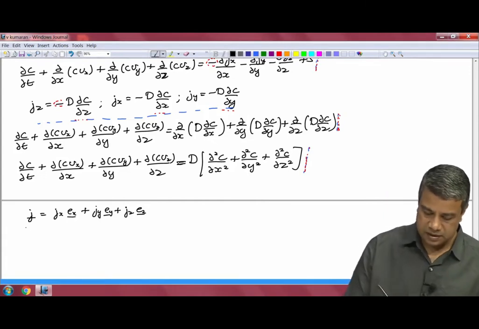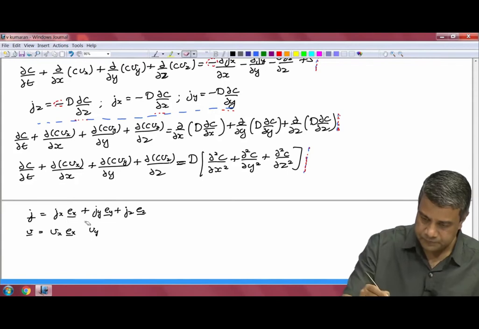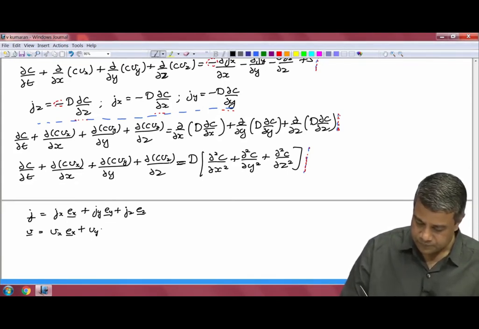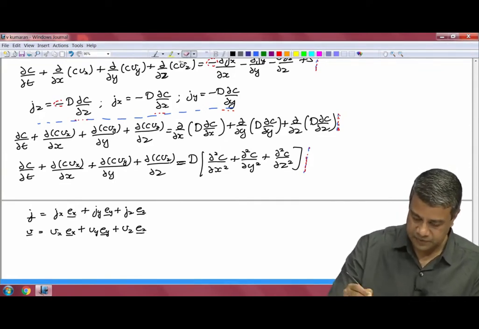Similarly, the vector v is equal to vx ex plus vy ey plus vz ez, in a Cartesian coordinate system.